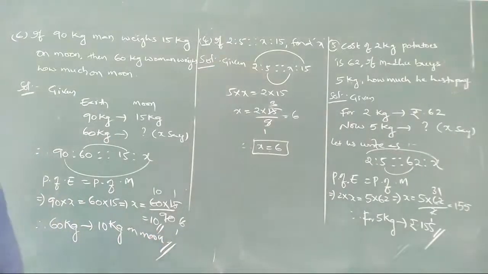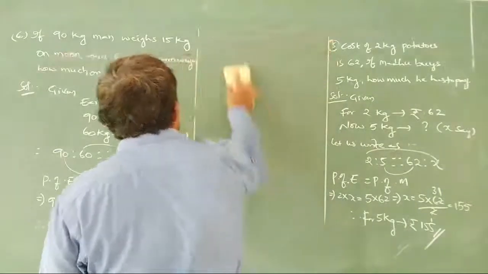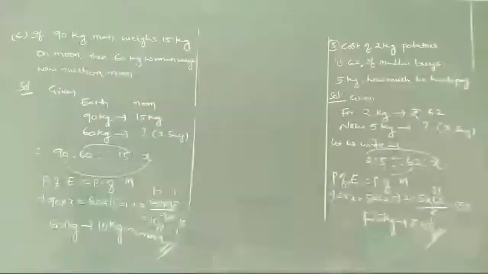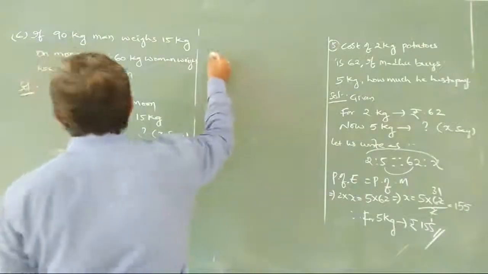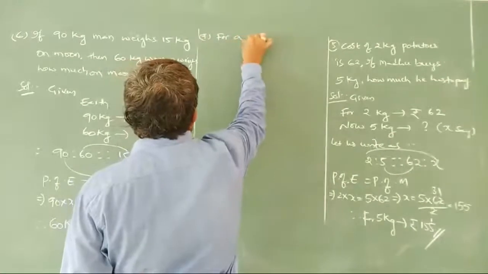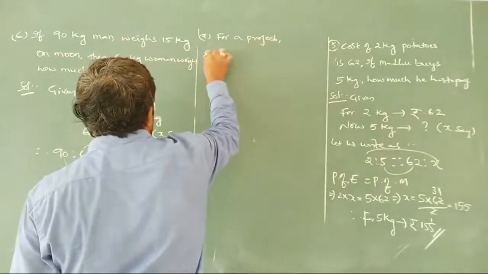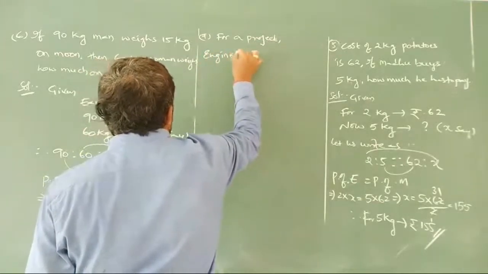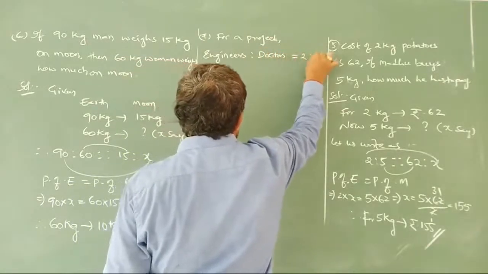Okay. One more problem we'll take here, based on this proportionality only. For a project, the ratio of engineers to doctors is 2:5.